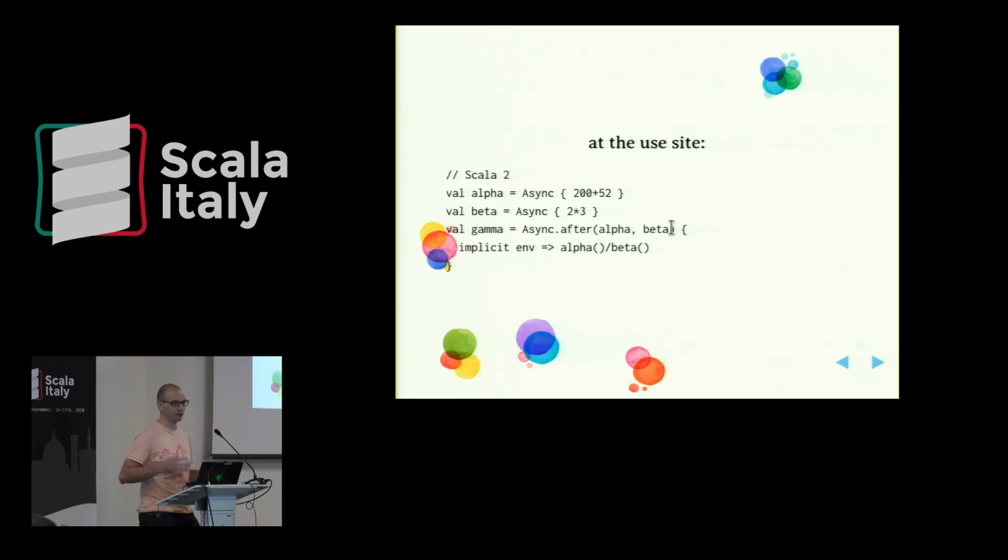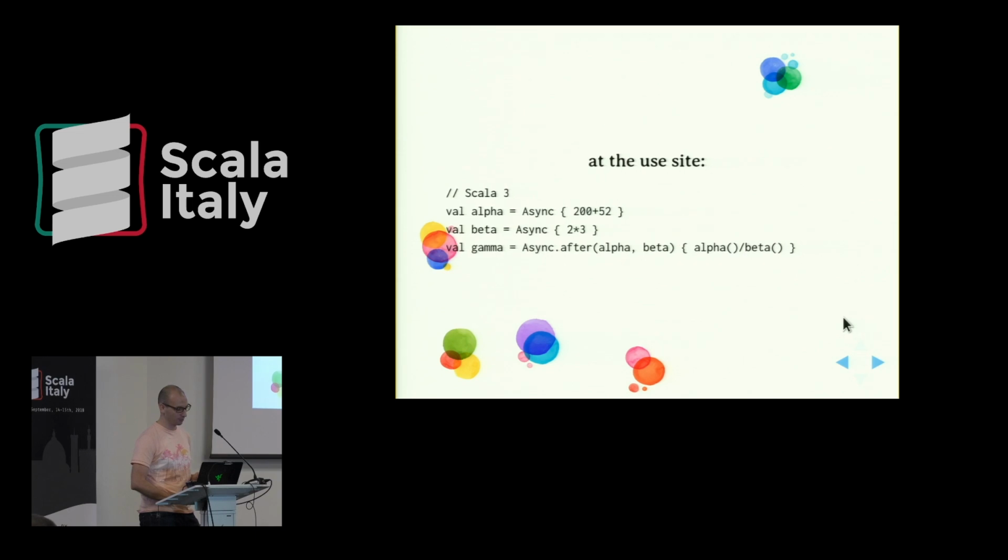So there's a few constraints going on here, but we get type-level constraints guaranteeing that we don't accidentally try and use the value of a future that isn't complete. But what annoys me about this is that every single node here has to define this implicit environment. It's boilerplate. What we can do with Dotty is we can write it like this.